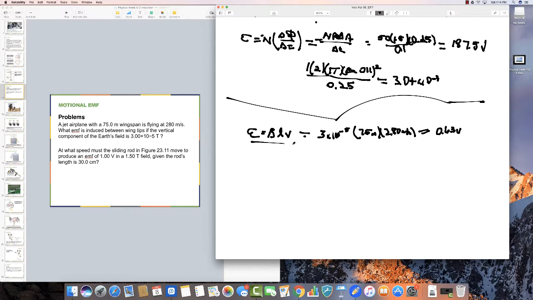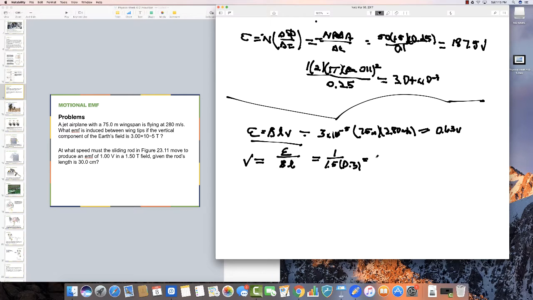Well, if we take this equation and solve for V, it's going to be E divided by B times L, which in this case is 1 volt divided by 1.5 times 30 centimeters, or 0.3 meters. If we do the math on this one, we get 2.22 meters per second.